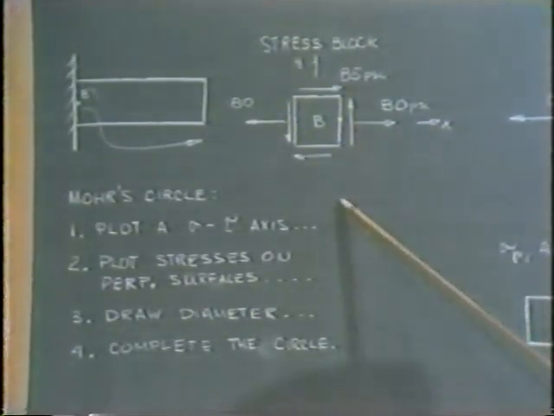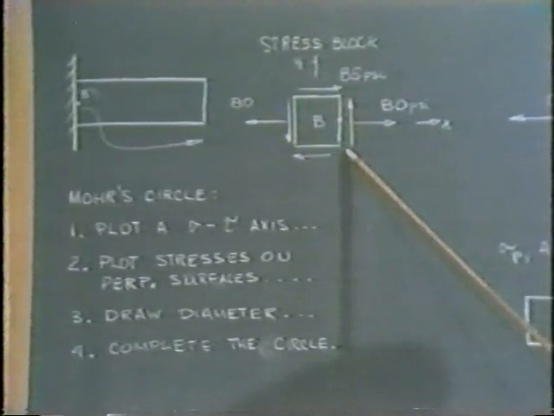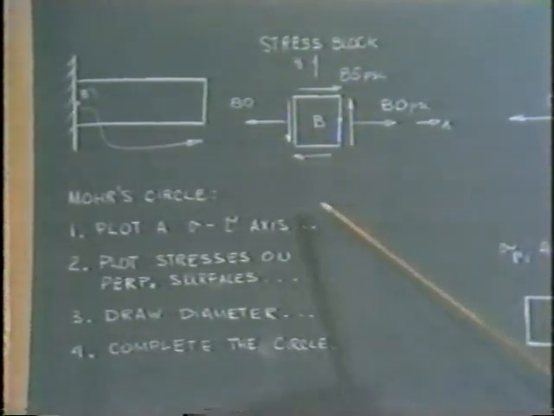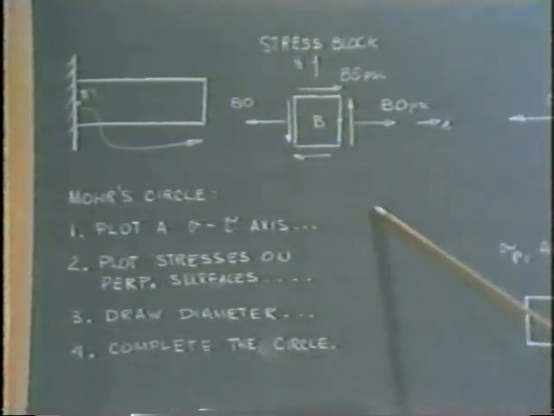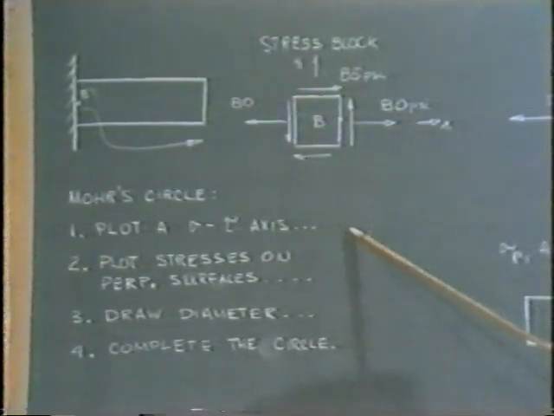Mohr's circle will provide us a technique to find the state of stress at point B regardless of the direction of the surface that I am interested in. We do so in the following manner, and I'll embellish each of these steps as we go through our example. First of all, plot a normal and shear stress axis, just as you would an X and a Y axis.